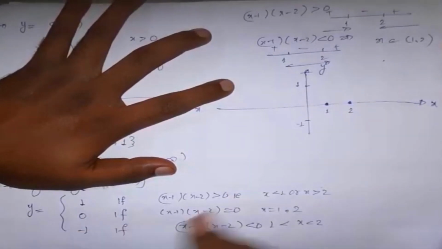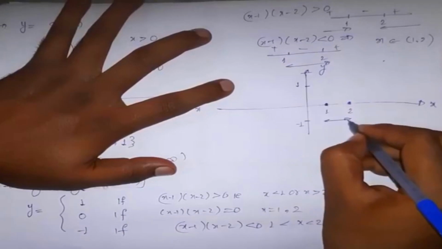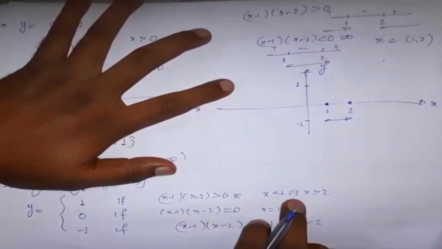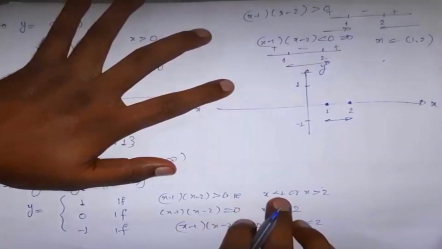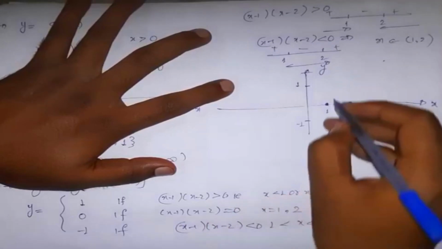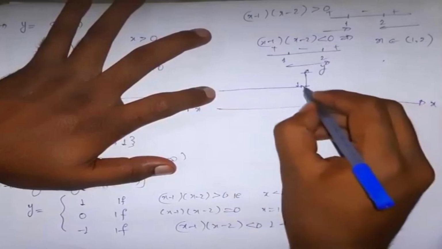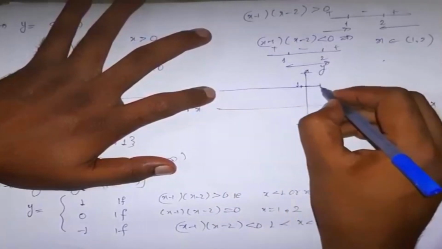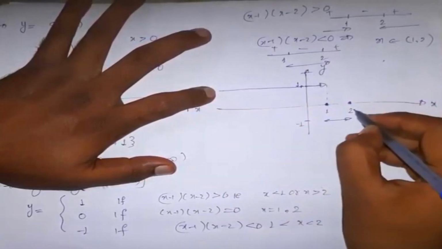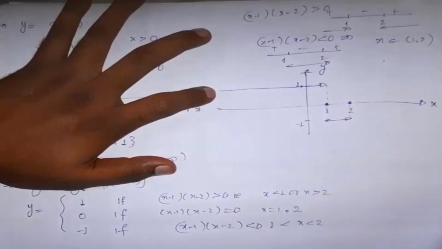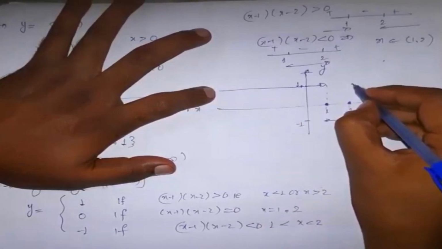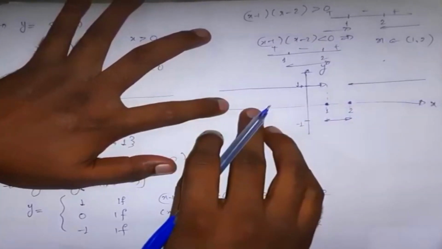That is, y is equal to minus 1. For x less than 1, the value will be 1, like this. I hope it is clear. For x greater than 2, it will be like this. So this is the graph.